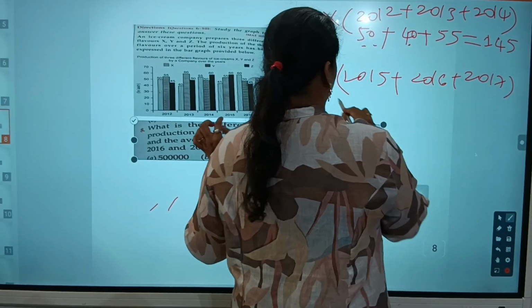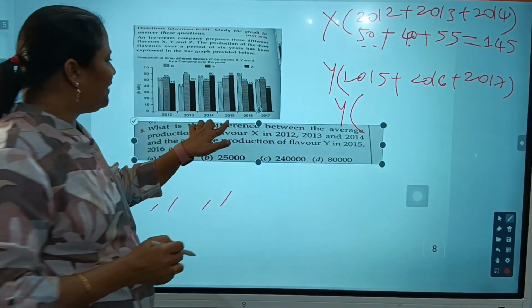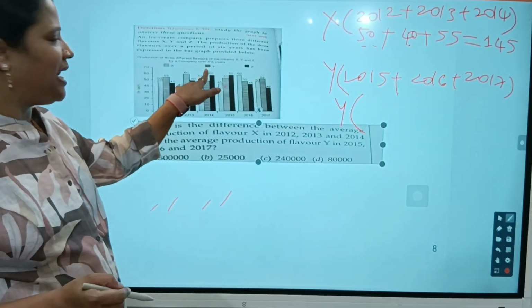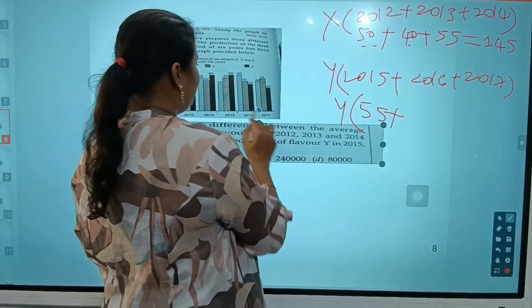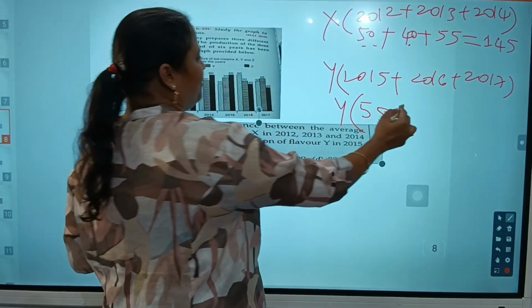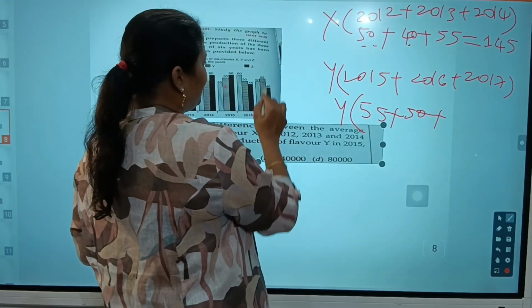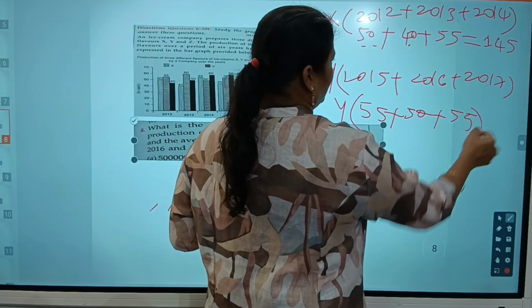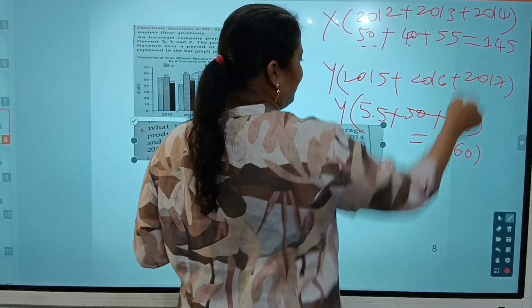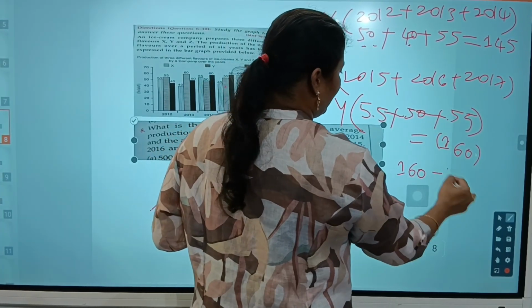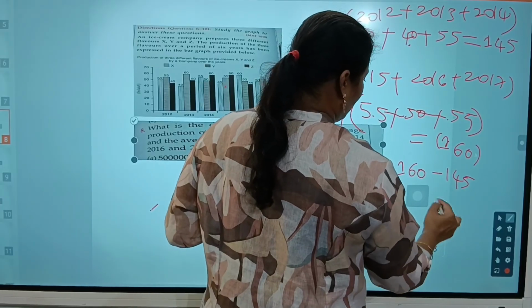So this is coming to 145. And the Y 2015 value, the middle gray graph we have to see here, is 55, plus the 2016 value, gray graph, 50, the 2017 value is 55 again. So it is coming to 160. So what is the difference between these two now? 160 minus 145 equals 15.